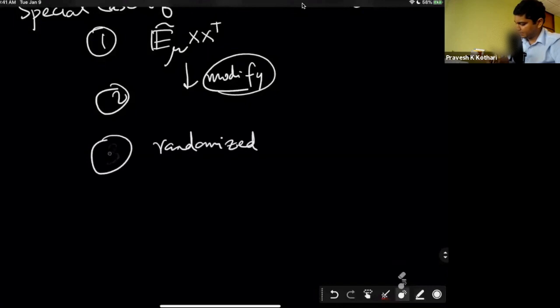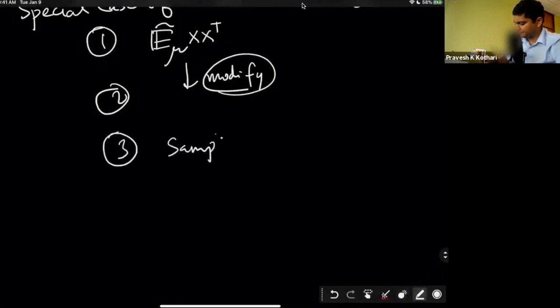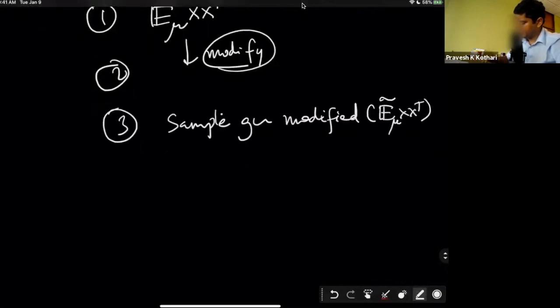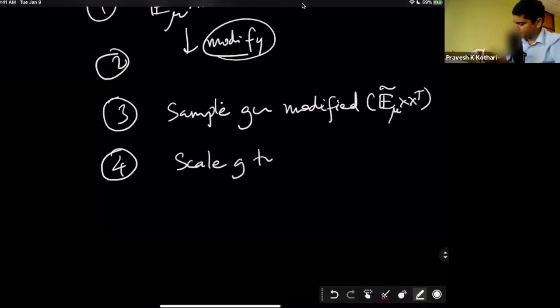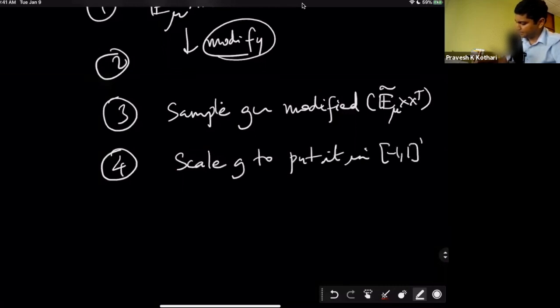There is an in-between step which is: sample a Gaussian from the modified E tilde mu xx transposed, and then you scale G to put it in the solid hypercube, and then do randomized rounding.